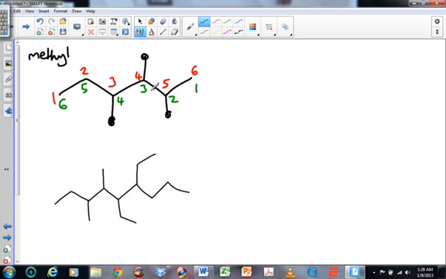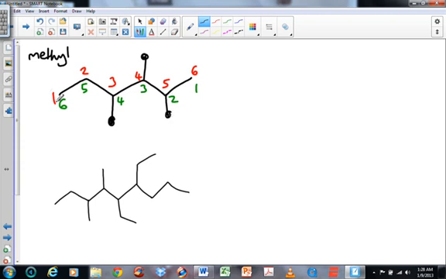Now, to figure out which side you count from, you always want the lowest substituent numbers. You want them to appear in the lowest possible place on the chain, which means you want to start from the side where you see a substituent first.